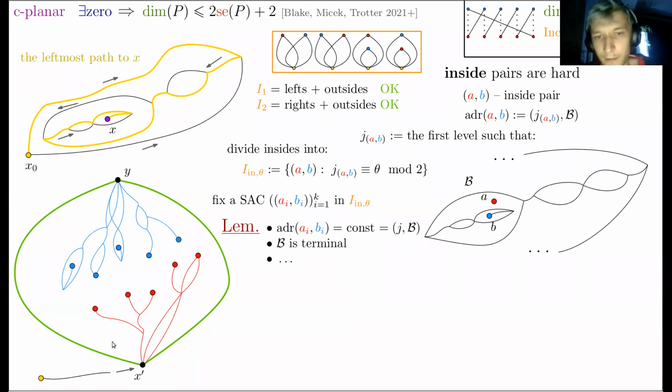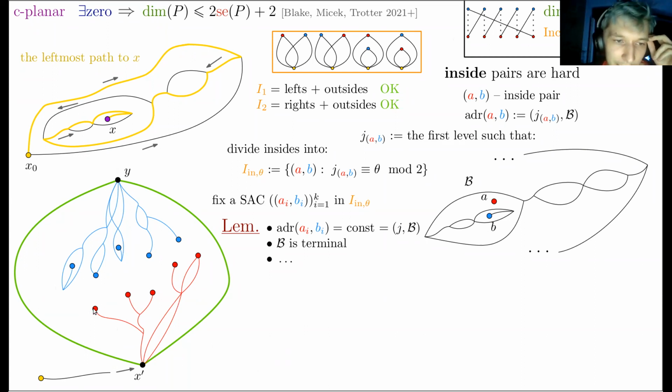There are many properties listed here, but maybe the picture is the best. So A's are sorted left to right, A's are hanging from x prime, B's are sorted left to right, they are hanging from y, and there are some comparabilities in between because this is a cycle, but I didn't draw them to not make this picture even more complex.